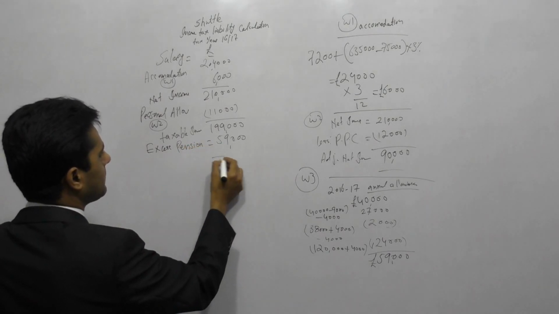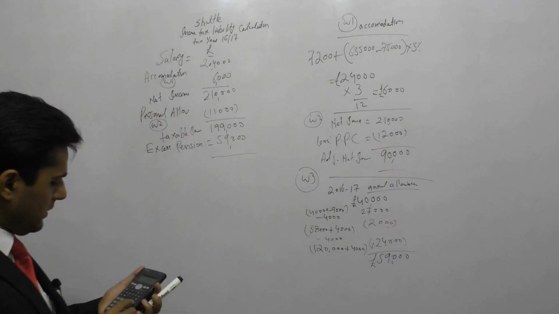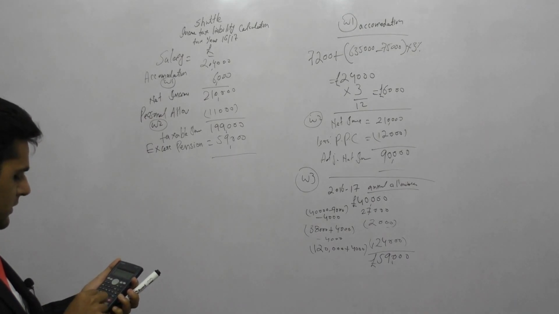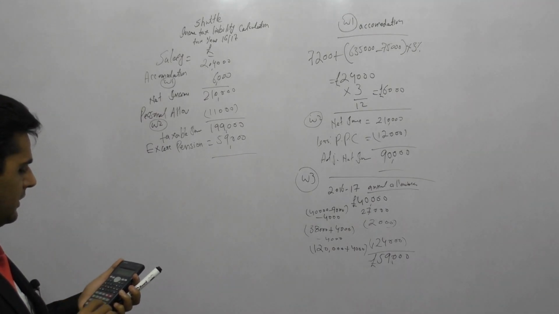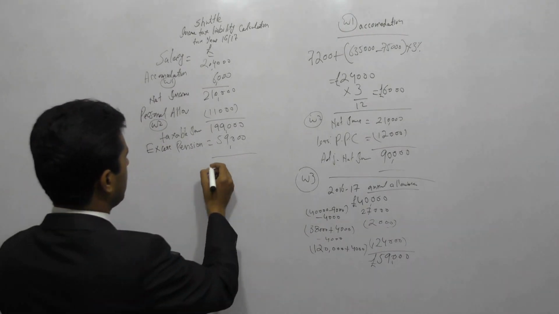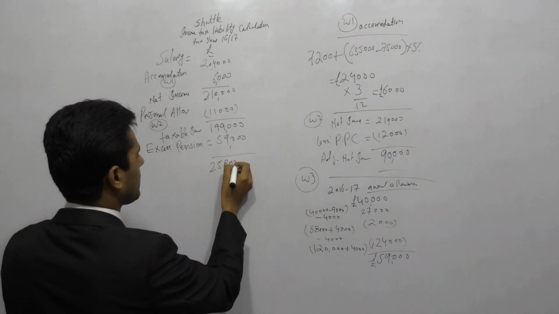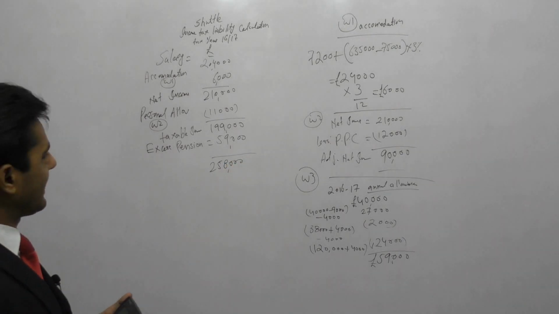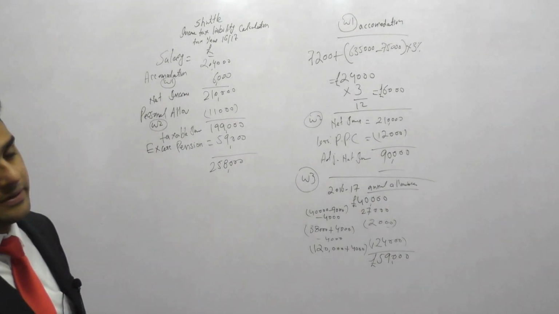If I make the total, it is £59,000 plus £199,000, which is £258,000. That is eventually the taxable income on which we have to pay tax.